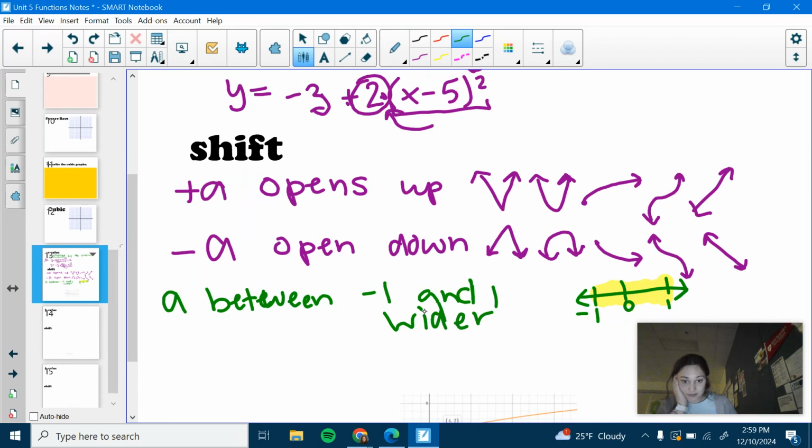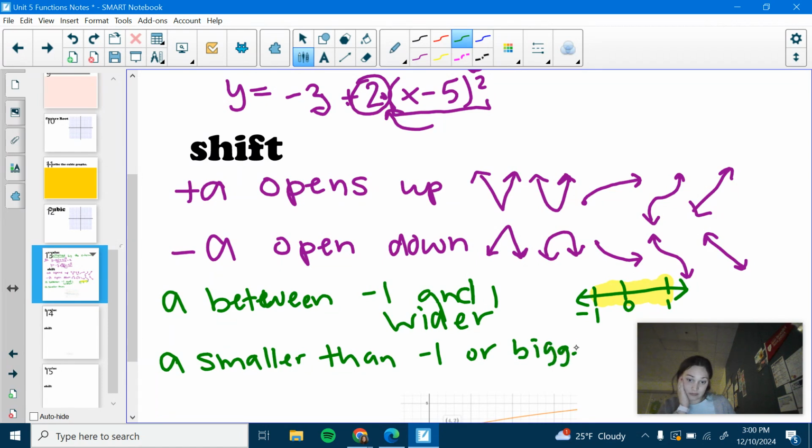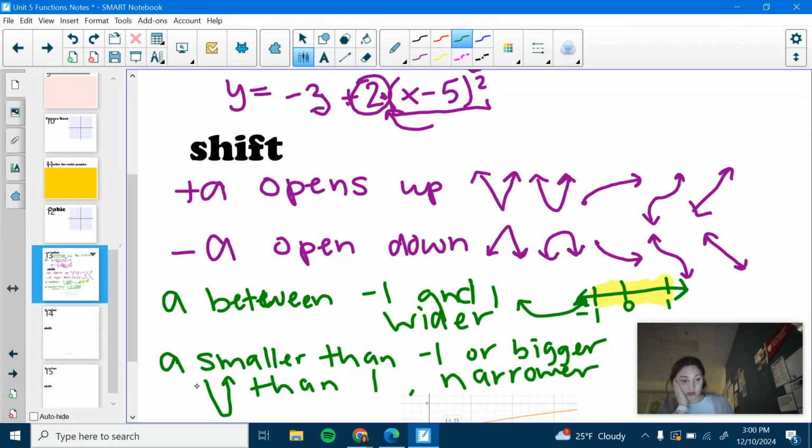All right? And the opposite thing happens when a is smaller than -1 or bigger than 1, it gets narrower. Okay, so our graph gets wider when we have a little number, skinnier when it's a big number.